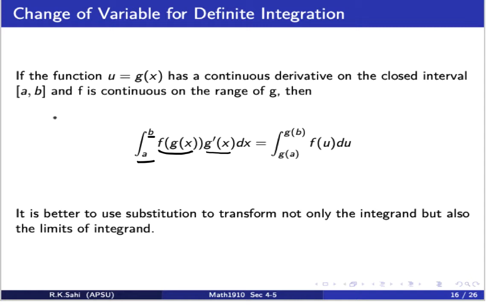One key component is that when we are doing substitutions for a definite integral, it is always better to make the changes to the limits also. That way it makes it simple to work on the problem as a whole and not go back and make all the changes. Okay, so now let's look at some of these examples.